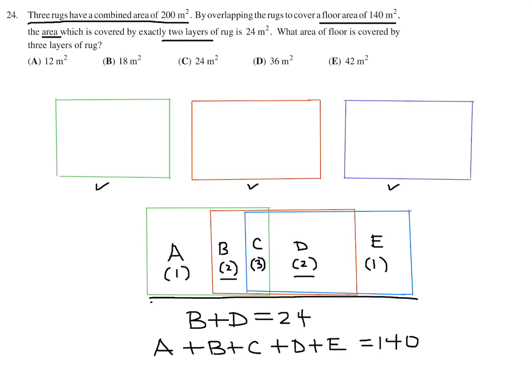Now let's look at this diagram a little bit closely. If you notice, just look at the green rug. What letters does the green rug encompass? Right here, this part here. It covers A, B, and C. So that means that A plus B plus C is the green rug.